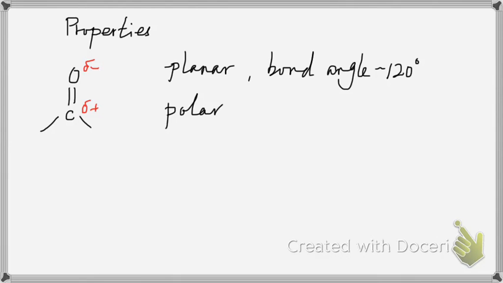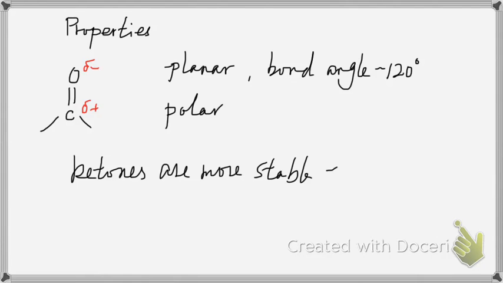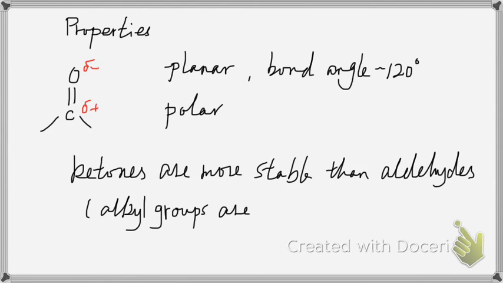If you compare aldehydes to ketones, the only difference is the hydrogen versus the alkyl group that is attached to the carbonyl. Now previously we've mentioned that alkyl groups are electron donating. That's why alkyl groups can help to stabilize a carbocation.